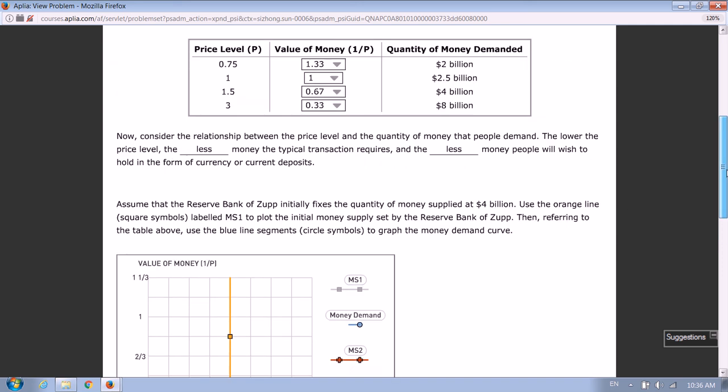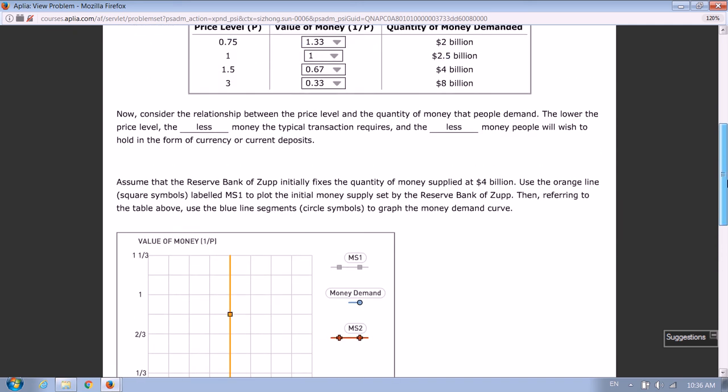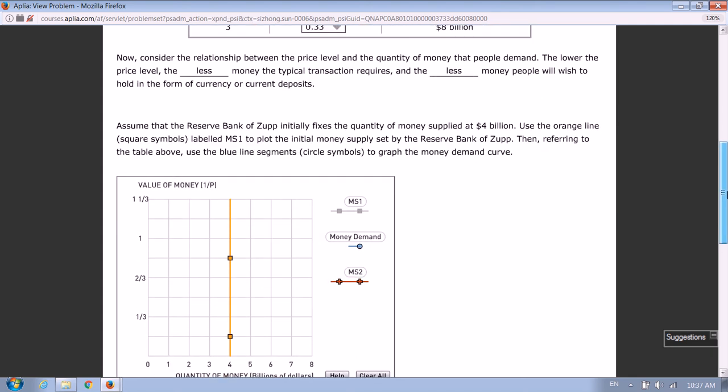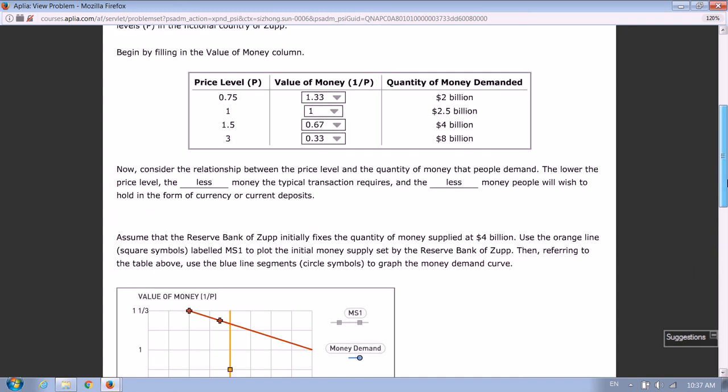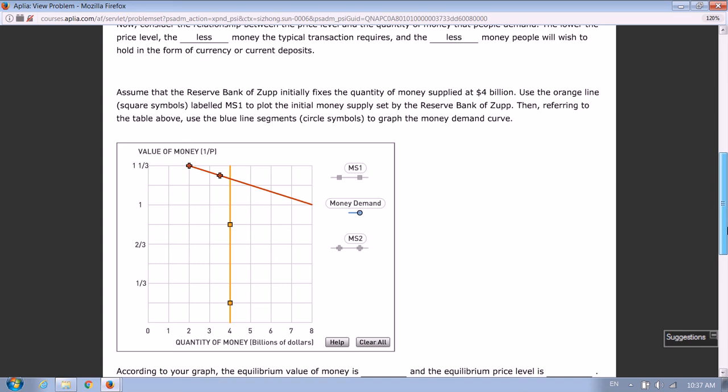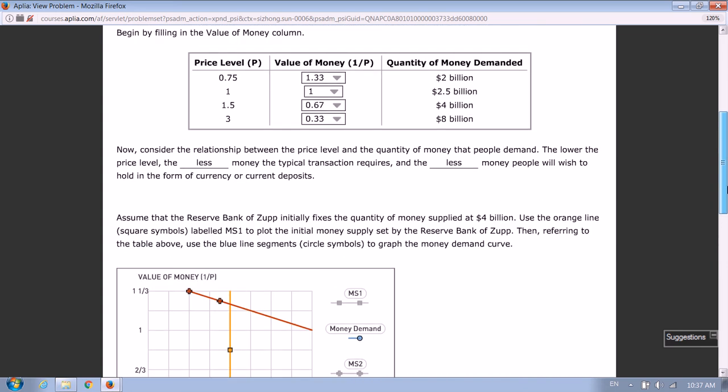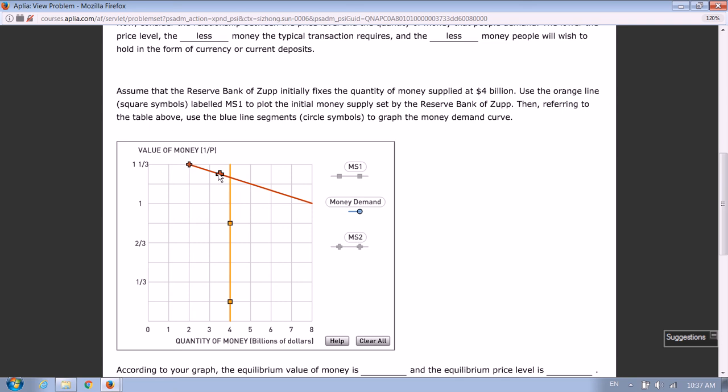So when the value of money is 1.33, the quantity demanded is 2 billion. Oops, so this is wrong.